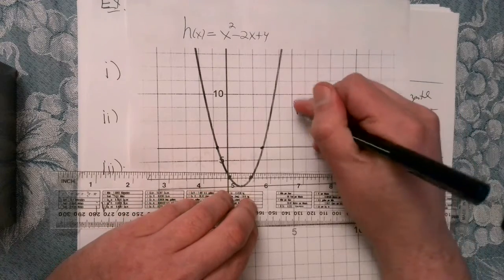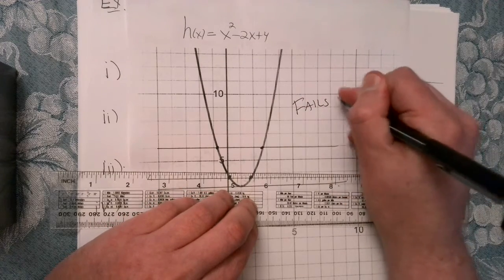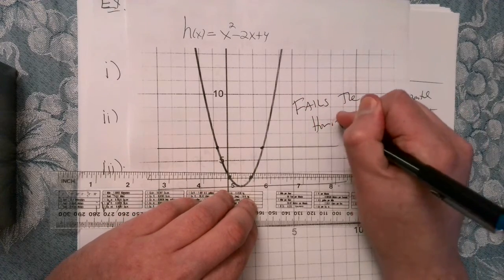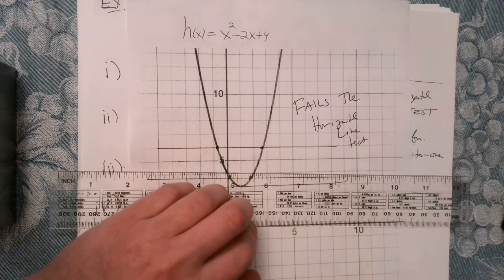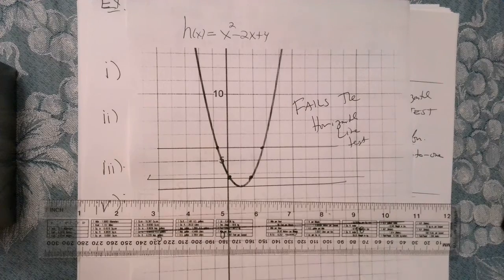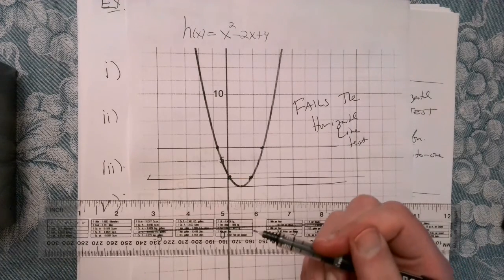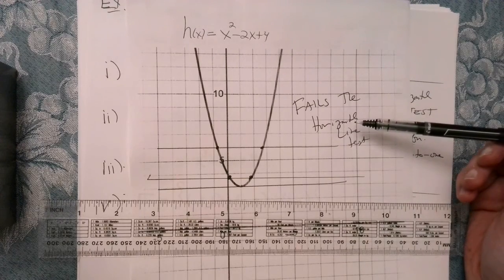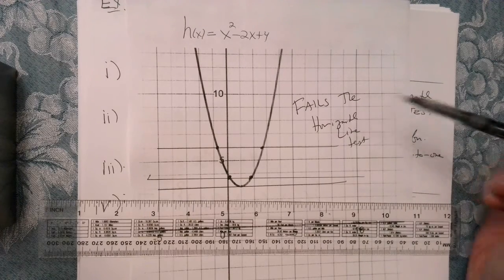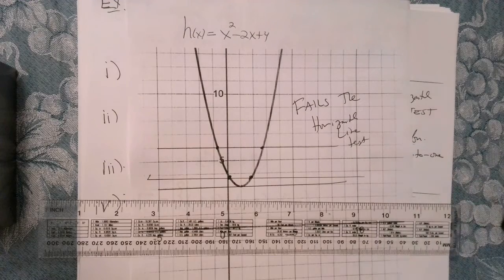So this fails the horizontal line test. That tells me that the graph is not one-to-one, and that tells me that the inverse wouldn't be a function. There might be some relation that's an inverse relation, but because this fails the horizontal line test and is not one-to-one, its inverse would not be a function.